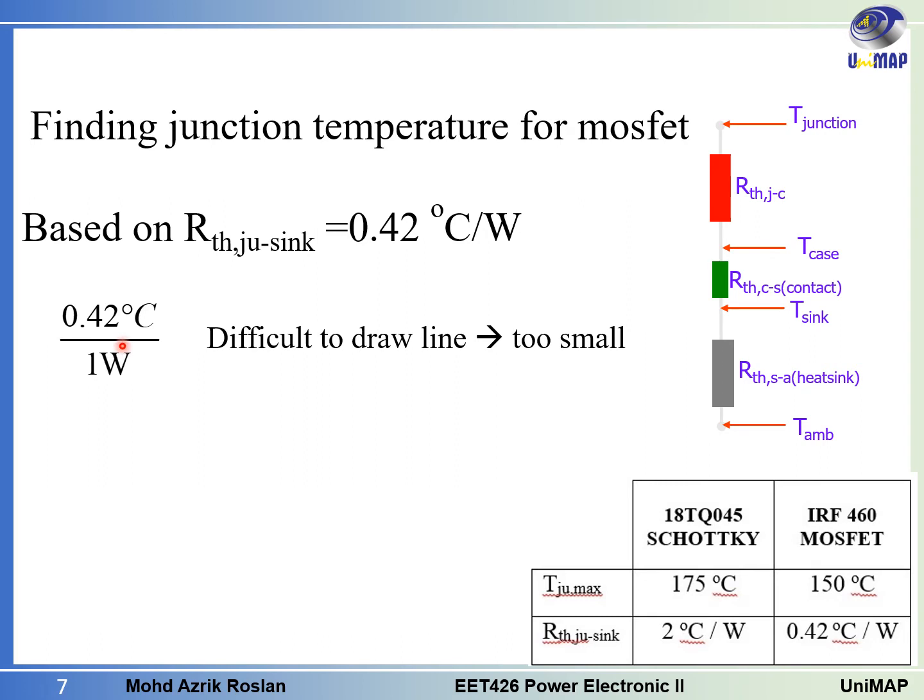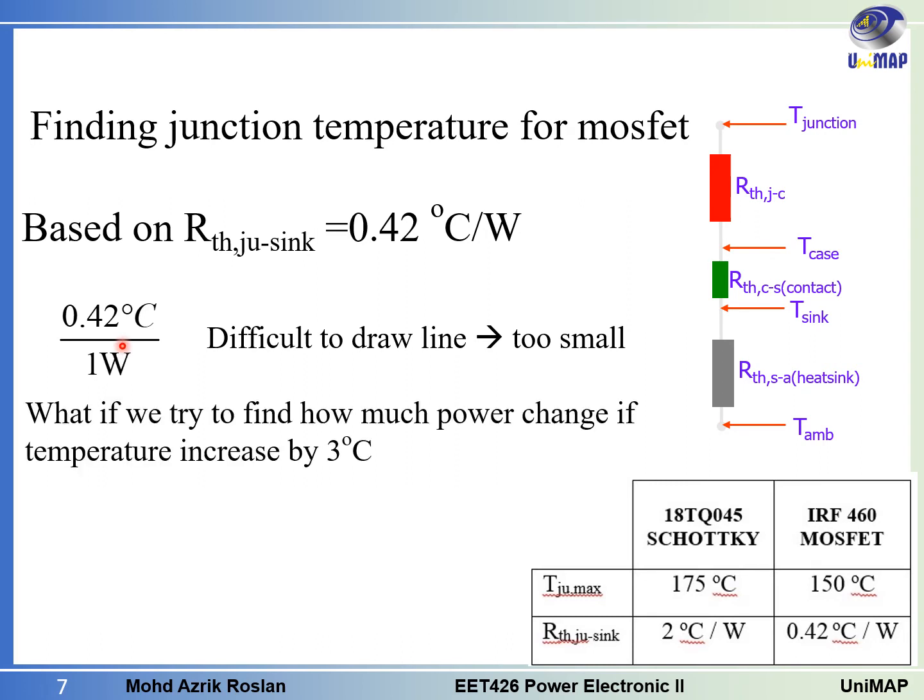So what if we try to find how much the power changes if we increase the temperature by 3 degrees C? 3 degrees C is possible to draw because it's not that small, right? Compared to this, 0.42 is very small.